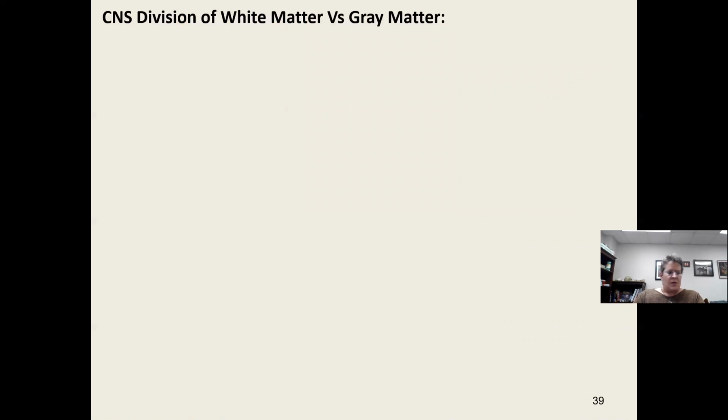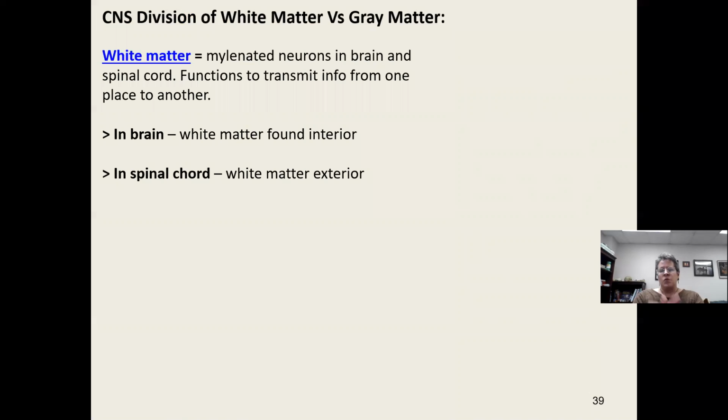Okay, I want to talk a little bit about how white matter and gray matter is divided in the brain and spinal cord. Now, white matter is called white because the neurons in that neural tissue are myelinated. I talked about myelinated neurons in the first lecture of this chapter, but with myelinated neurons, information passes from one end of the neuron to the other end much, much faster with the myelin sheath on it.